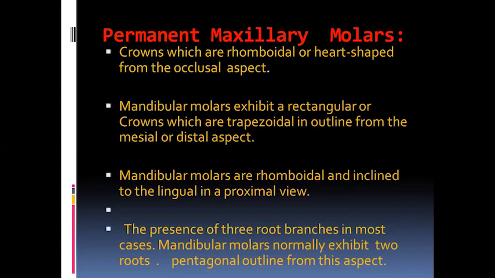In maxillary molars, the proximal aspect is trapezoidal. In mandibular molars, the proximal aspect is rhomboidal. Maxillary molars have three roots in most cases, while mandibular molars normally exhibit two roots.